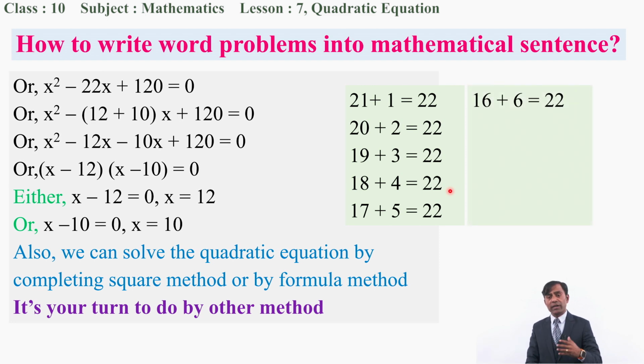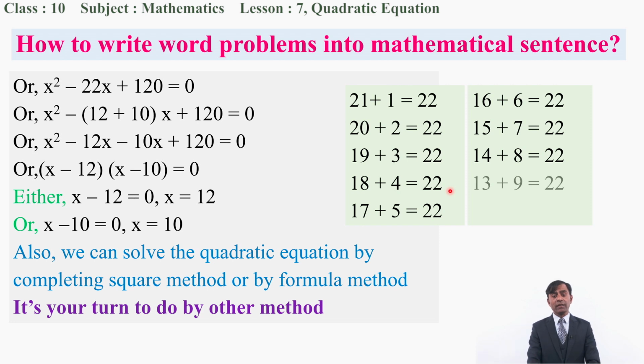Similarly, let's check 16 plus 6, again 22, but their product does not become 120. So their ages are not 16 years and 6 years. Similarly, 15 plus 7, the sum is still 22, but the product is not 120. 14 plus 8, the sum is 22, but the product is not 120. 13 plus 9, the sum is 22, but again the product is not 120.